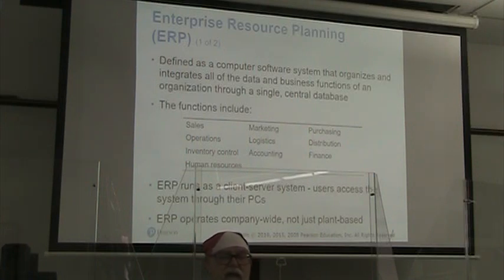Now, one thing I should say is, if we don't already know how our system functions, it's going to be very hard to change to an enterprise resource planning system.